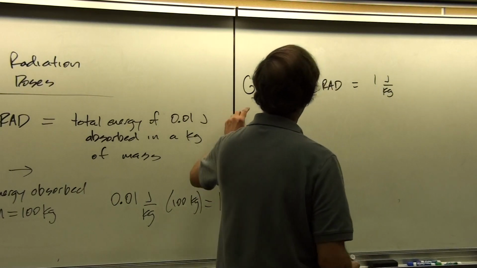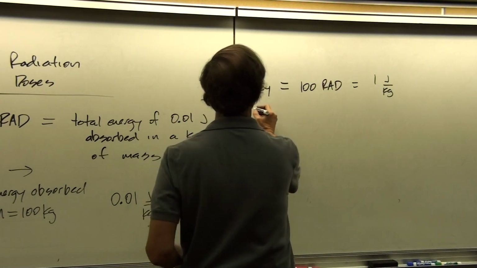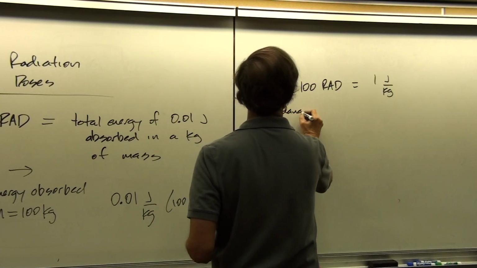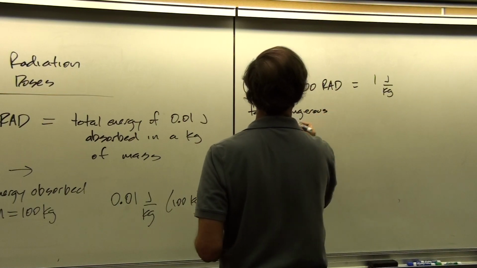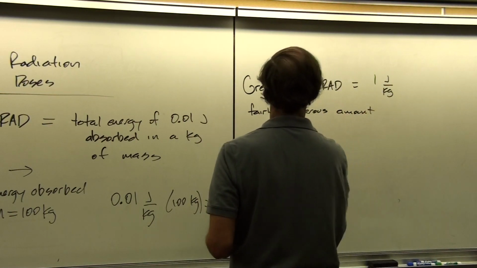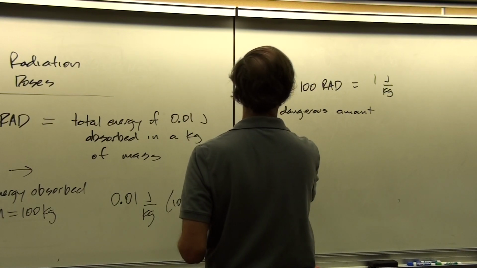If you get 100 rads of radiation, that's considered to be fairly dangerous. 100 to 400 rads can be fatal.